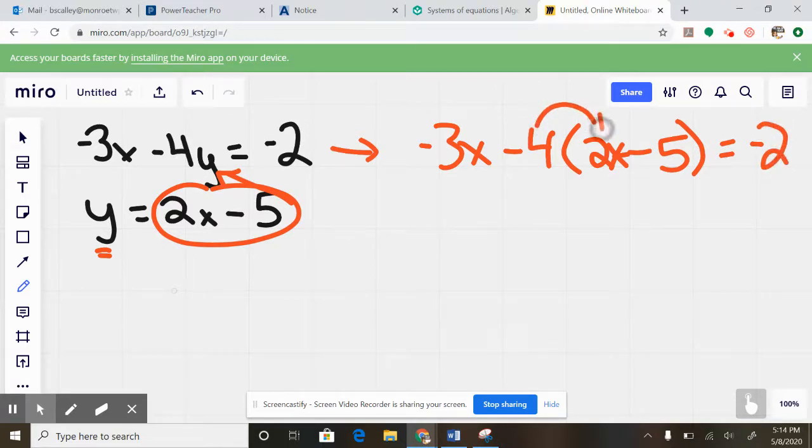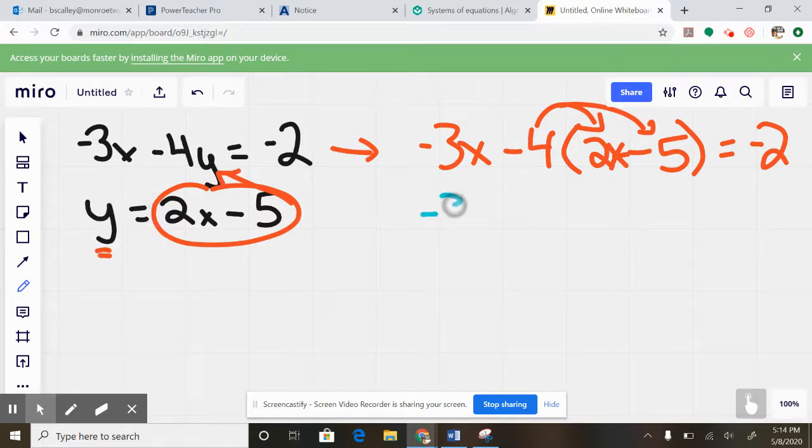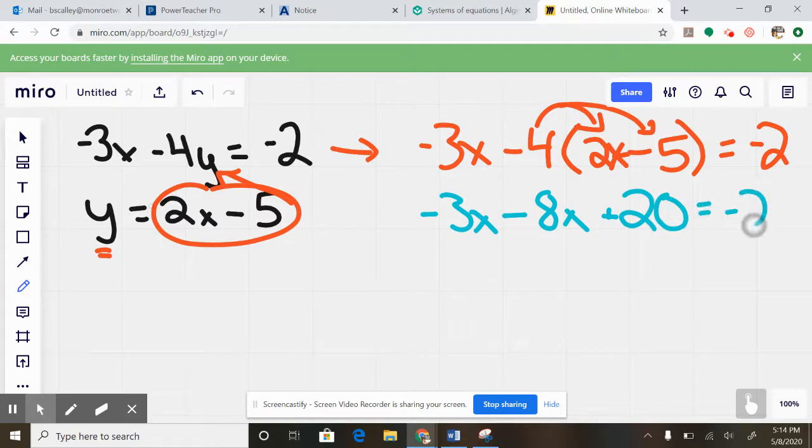I'm going to distribute here. So I'm going to get negative 3x minus 8x plus 20 equals negative 2. Go ahead and combine these like terms.